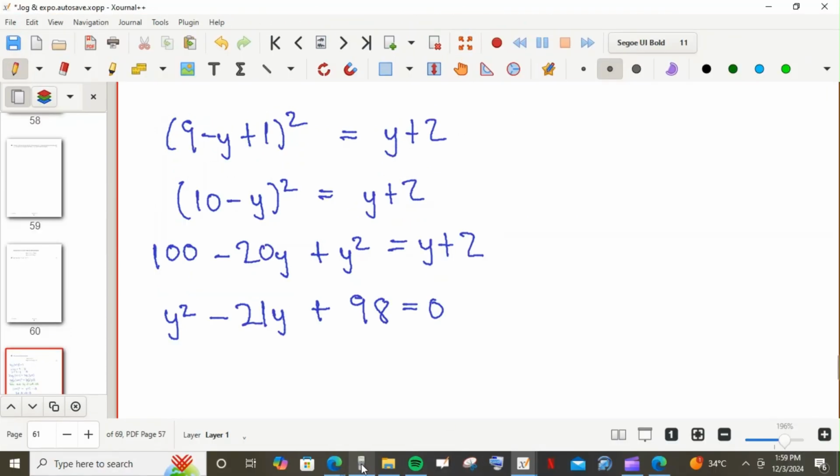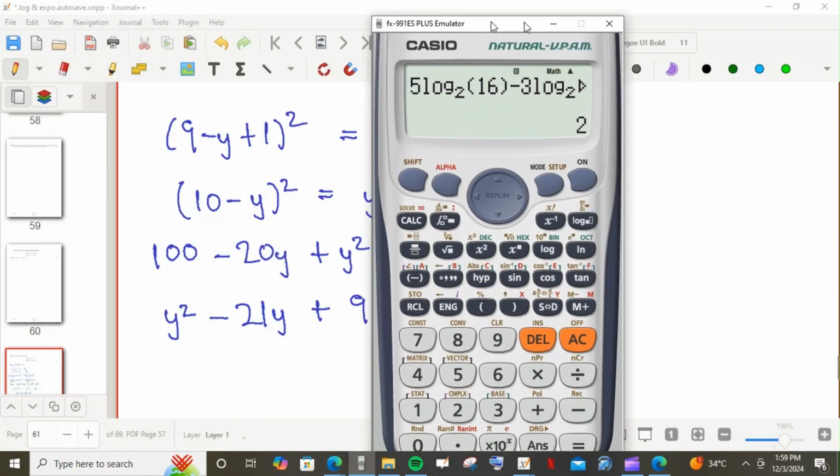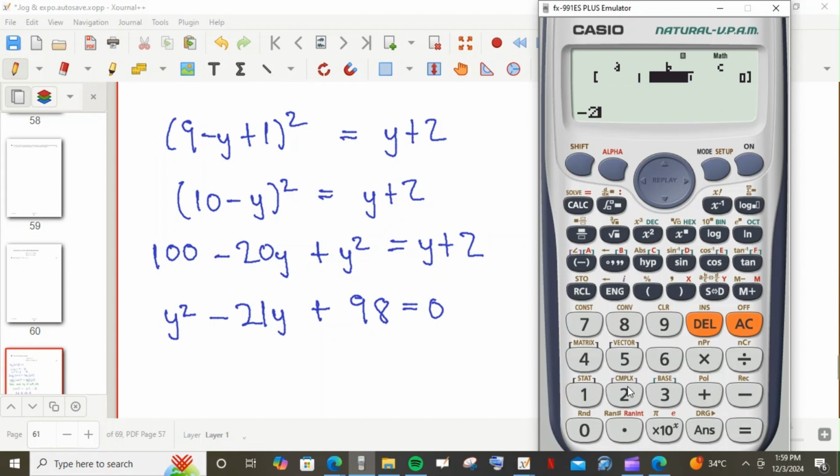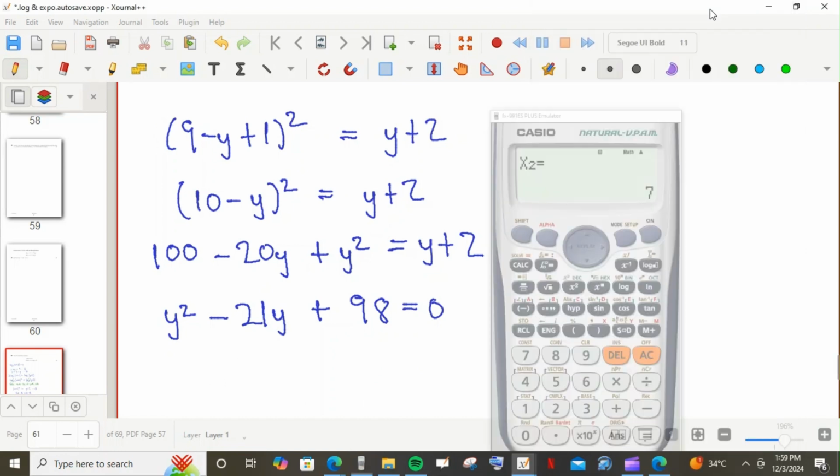Okay, let me take my calculator so that I can move very quickly. I'm going to solve the quadratic. 1, negative 21, the next number is 98. y equal to 14, y equal to 7. Okay, good.